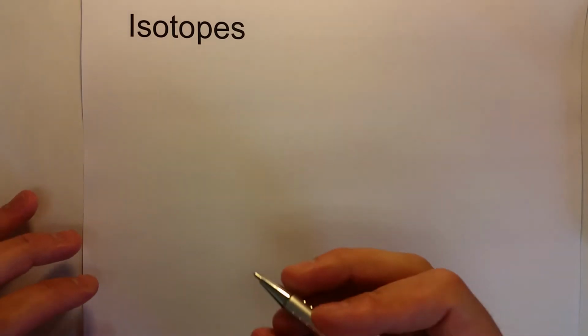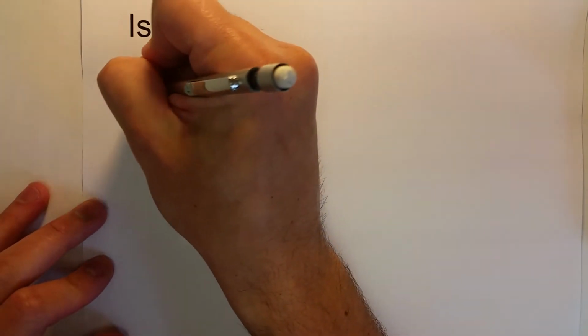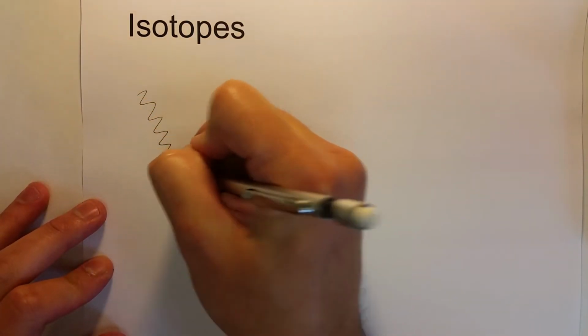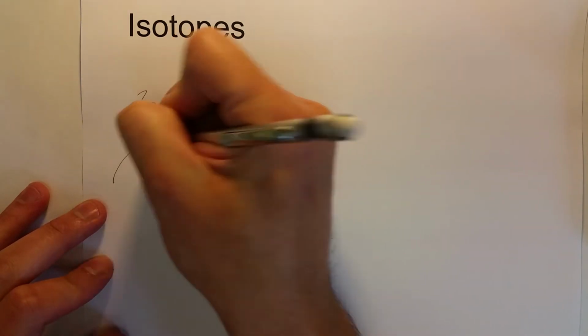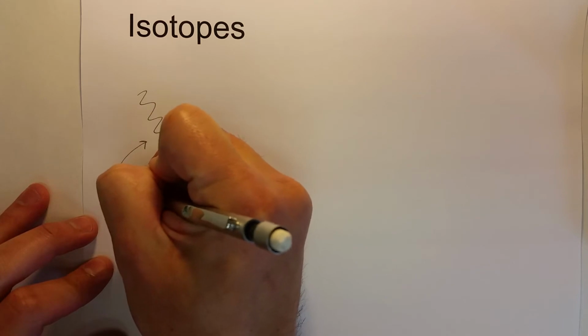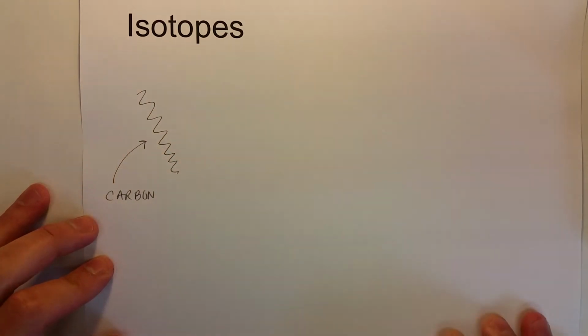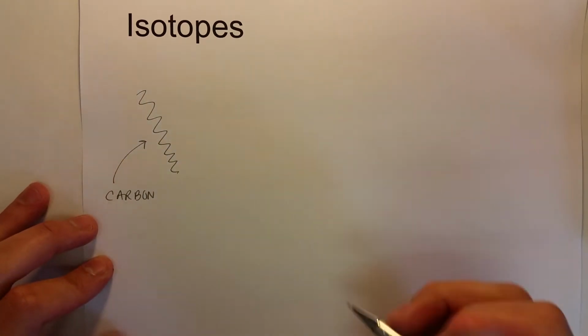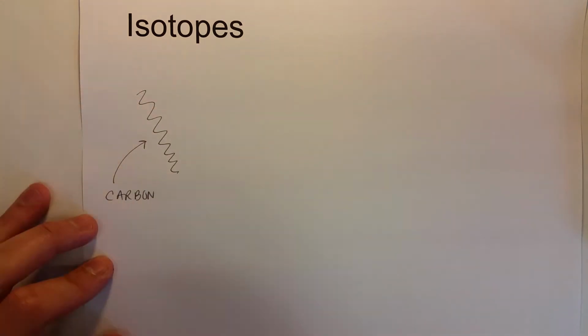Okay, so we just learned that the atomic number is equal to the number of protons, and that is what defines an element. But as we said in that video, atoms of an element can have different numbers of neutrons, and that is what leads to isotopes.